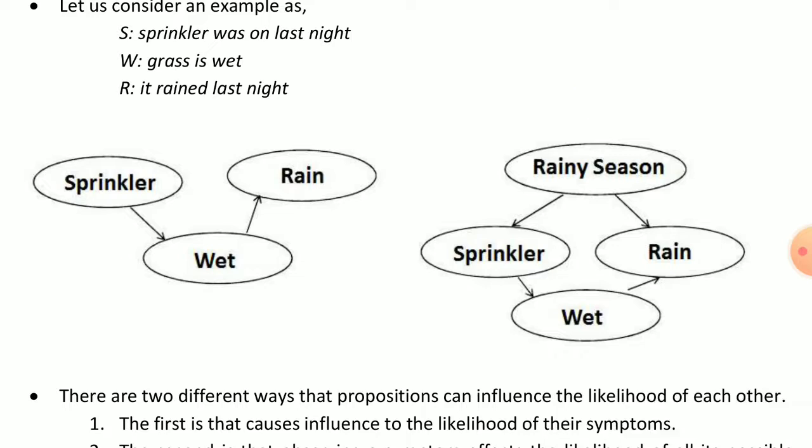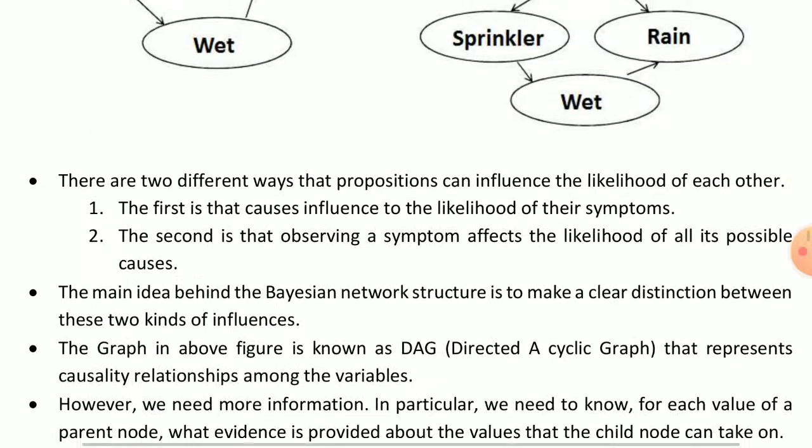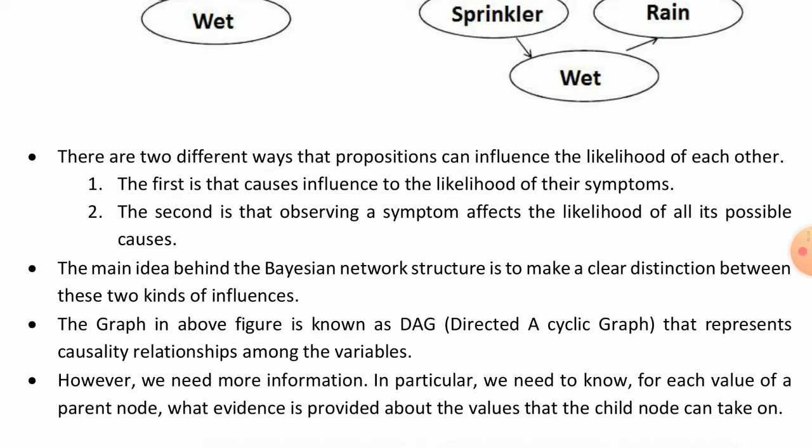Now there are two different ways that propositions can influence the likelihood of each other. The first is that causes influence the likelihood of their symptoms. The second is that observing a symptom affects the likelihood of all its possible causes.